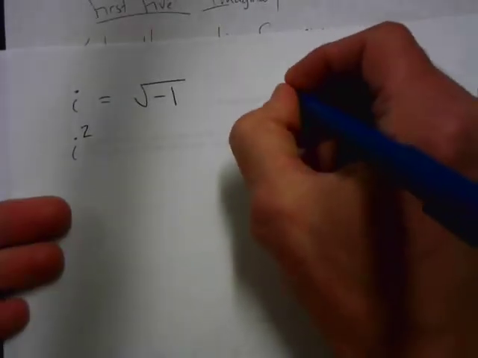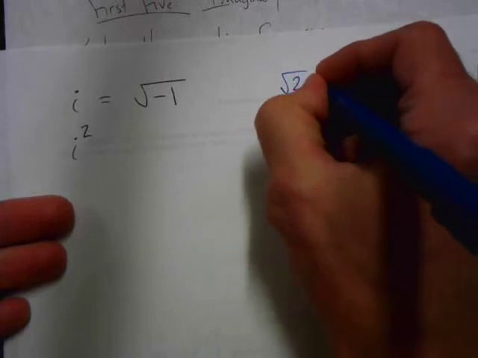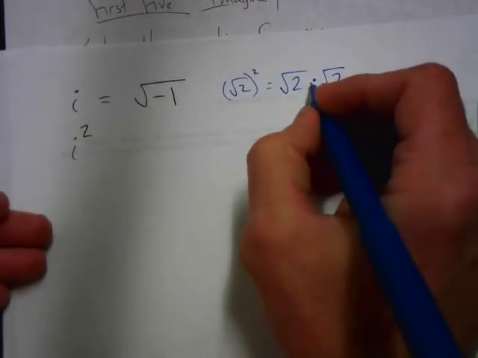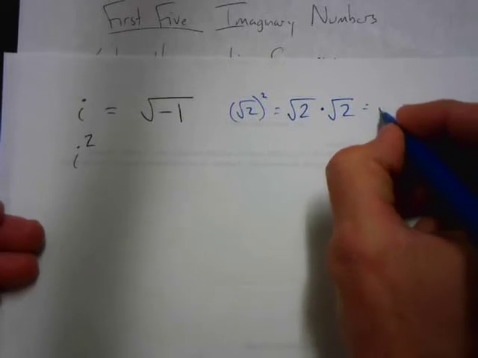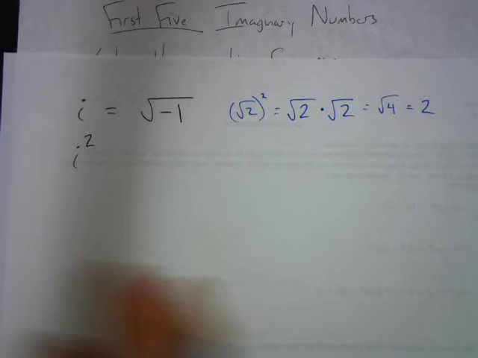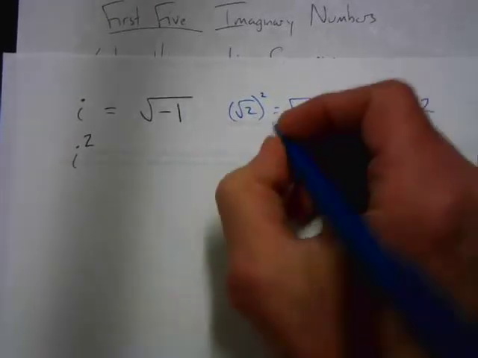Well, we have to take a trip down memory lane. Remember, what is the square root of 2 times the square root of 2? Okay, so basically the square root of 2 squared. The square root of 2 squared is equal to the square root of 2 times the square root of 2, which is equal to the square root of 4, which is equal to 2. Okay, we have to keep all of this stuff in mind, some basic stuff. This is then what it means.